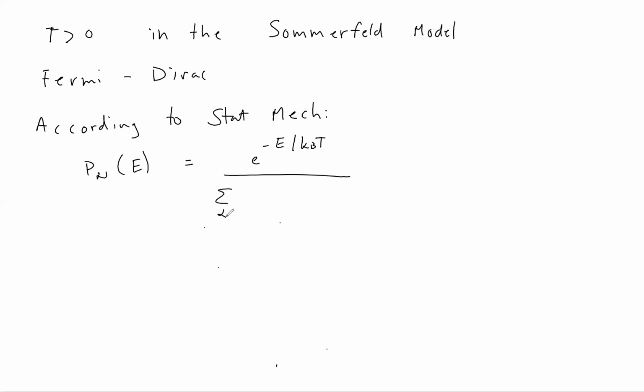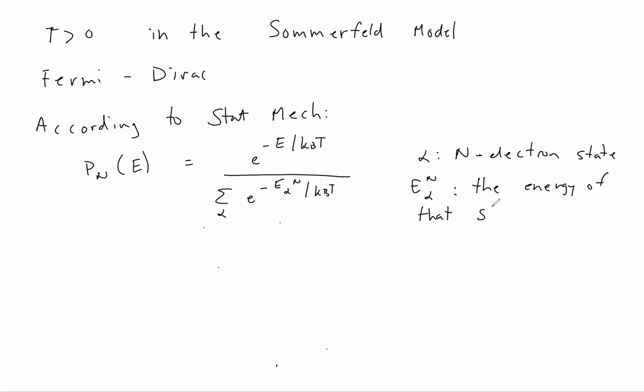Here I'm going to write it as a sum over alpha, I'll say what alpha means in just a second, of e to the minus E_alpha,n over k_B T. Here alpha is a particular n electron state. And so E_alpha,n is the energy of that state. It's the energy of the n electron state alpha. So alpha is indexing states here.